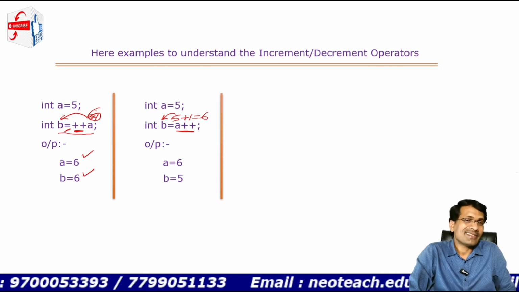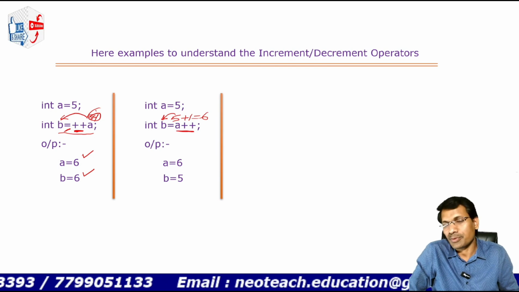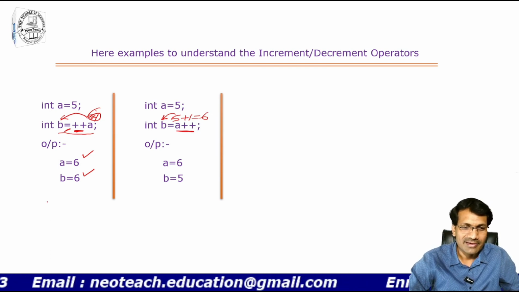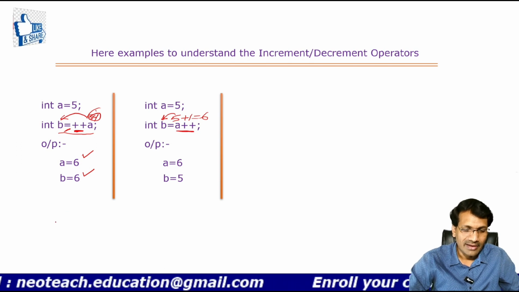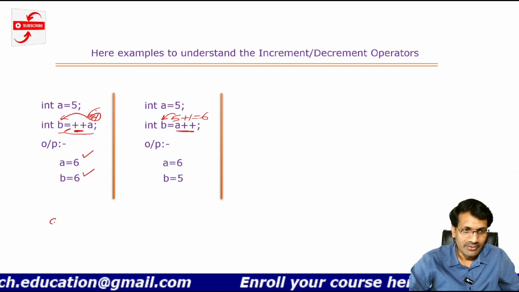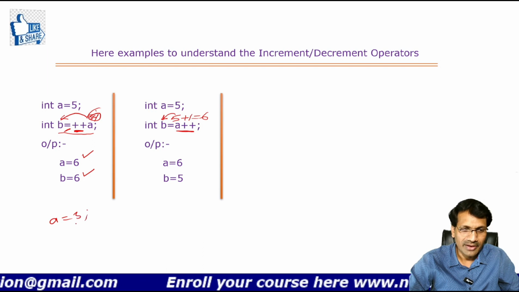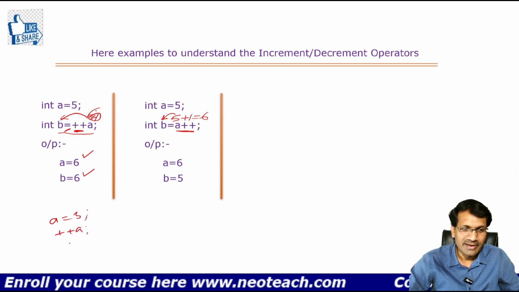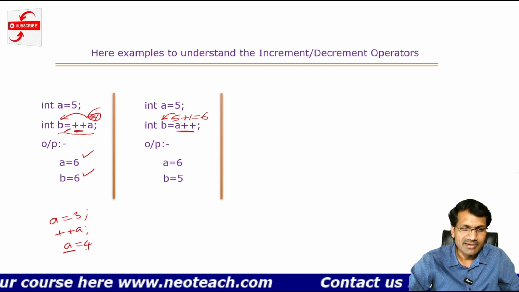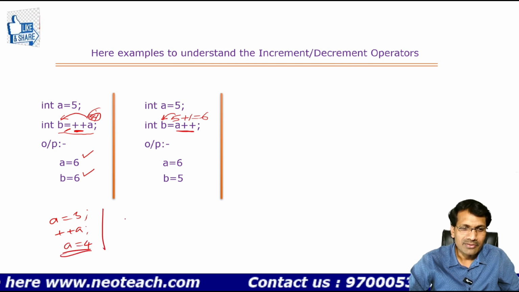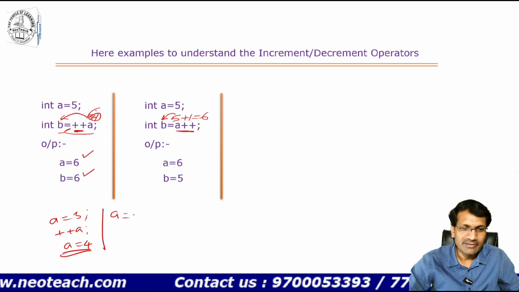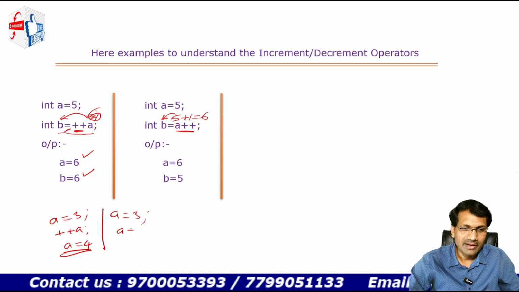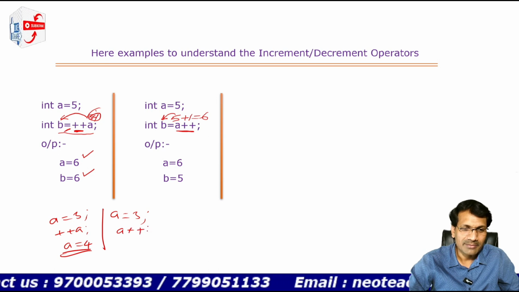Okay, so that is the difference between the pre and post incrementation. Whenever it is single, there is no difference. Suppose let's say a is equals to 3. Now incrementation of a, then what is the a output here? 4 only, because pre-incrementation. If you want one more example, a is equals to 3, I want to do a post incrementation, that is the pre and this is the post incrementation.